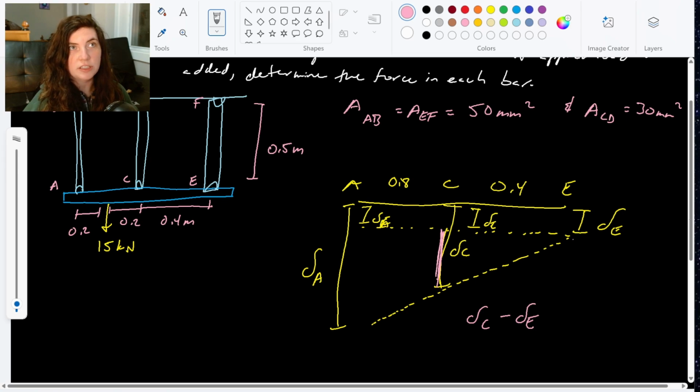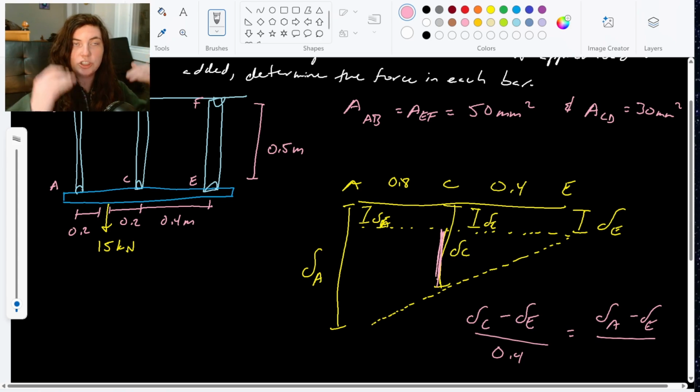That's the part of this triangle. And then you can just use the 0.4. So this portion of the triangle is DA minus DE. That DE needs to be subtracted out because it's going through that shift down before it goes through that angle shift. So this would be the correct displacement compatibility equation to use for this problem.